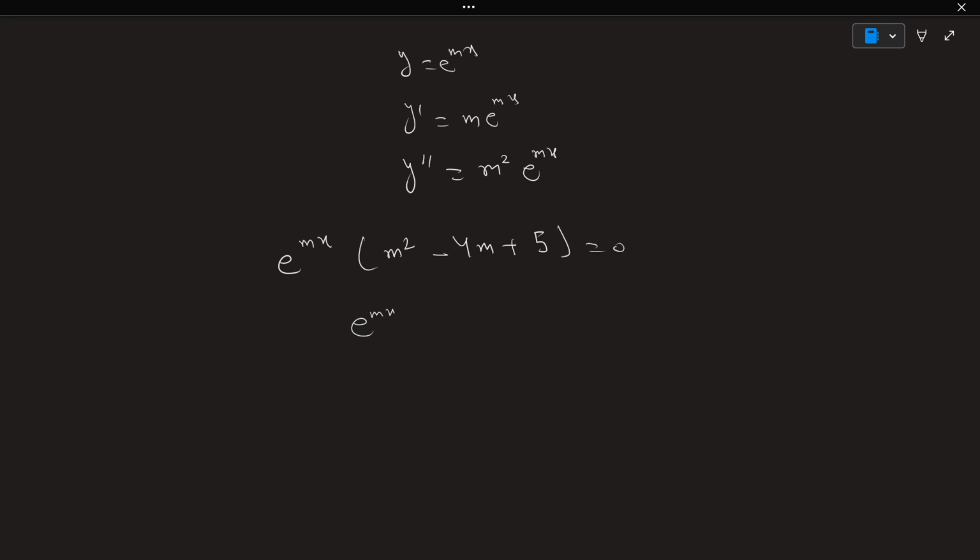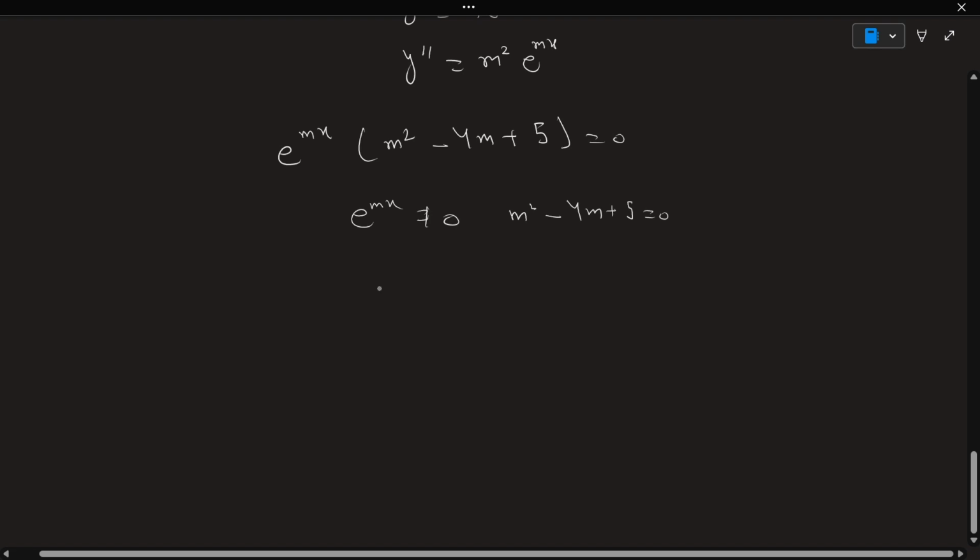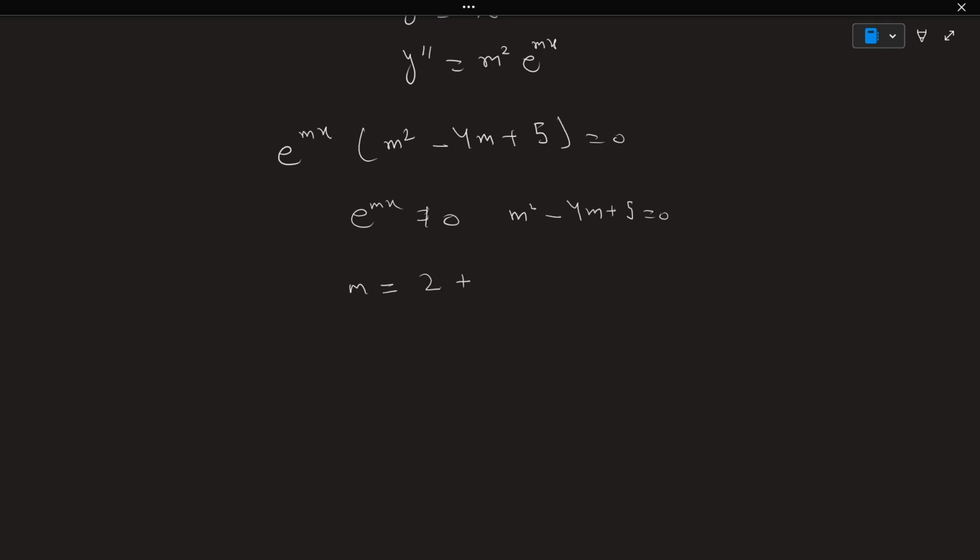So e raised to power mx can never become 0. So m square minus 4m plus 5 will be equal to 0. So we will solve this quadratic equation, and our roots are in the form of complex numbers, 2 plus minus i.